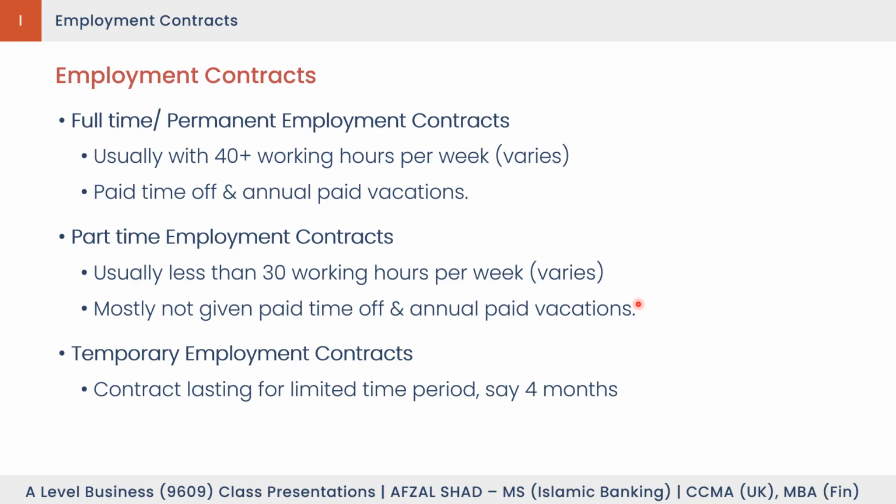Then the temporary employment contract. So what is temporary? A contract lasting for a limited time period. For example, a contract given to an employee for 4 months. A substitute employee. In the education sector, normally a substitute teacher is hired. For example, a teacher has gone on leave, Umrah leave, or marriage leave, or leave abroad.